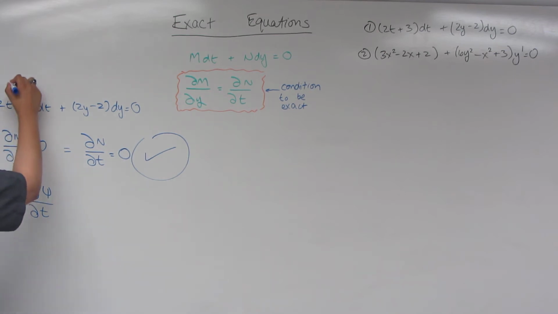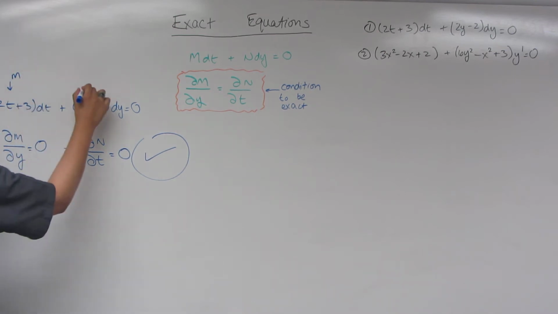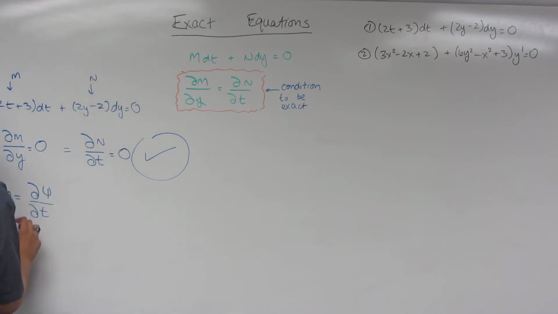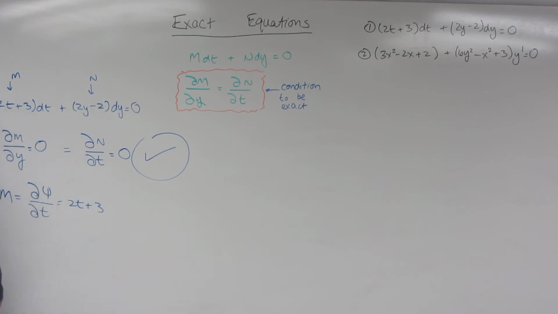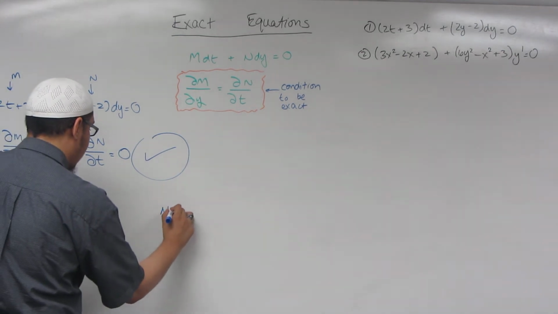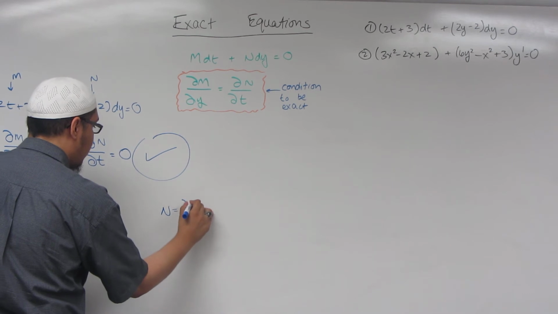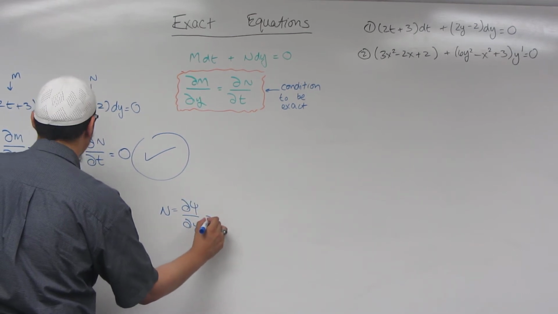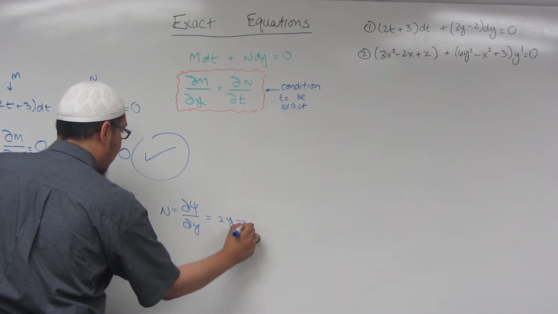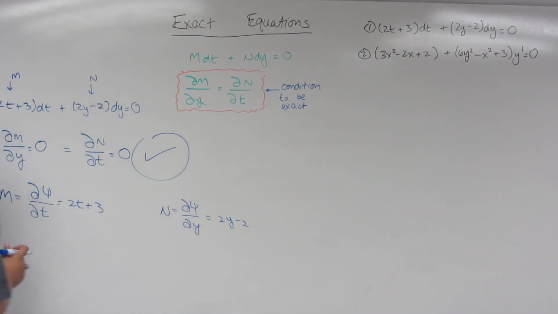M is this right here, and this is N. So M is equal to the partial of psi with respect to t, which is equal to 2t plus 3. And N is equal to the partial of psi with respect to y, which ends up being 2y minus 2. All I'm doing is just copying this now.